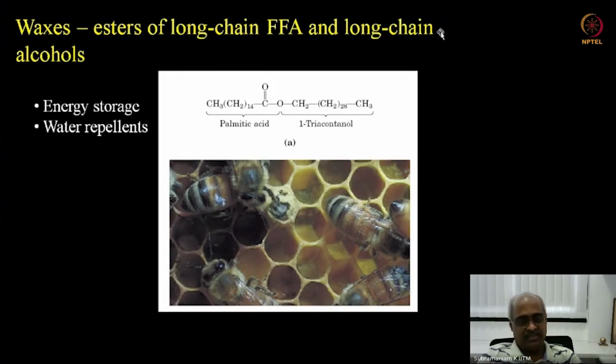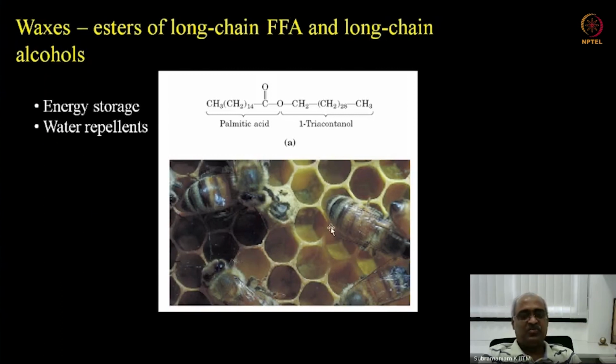These are CH3, CH2, CH2, a long chain with an alcohol group, and with that you have a free fatty acid like palmitic acid, 16 carbon, hexadecanoic acid if you want to follow the systematic name. So that ester, with two long aliphatic chains, one with a carboxylic group and another with an alcohol group, is nothing but wax.